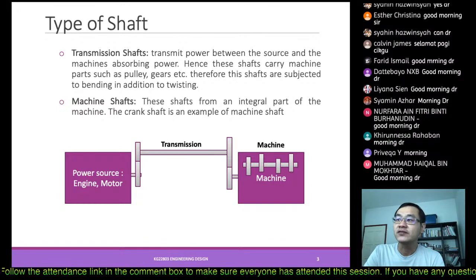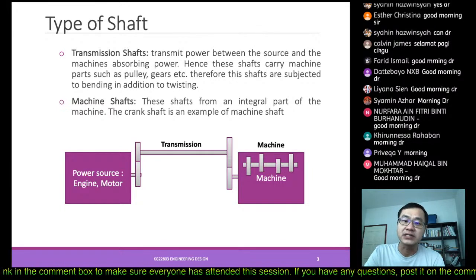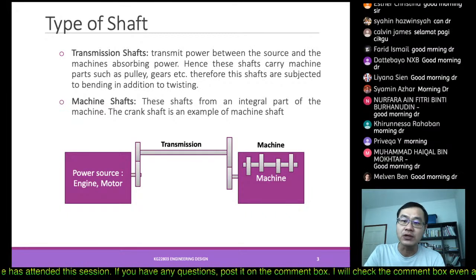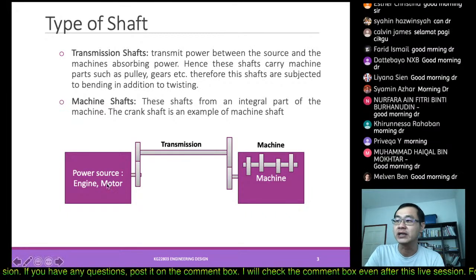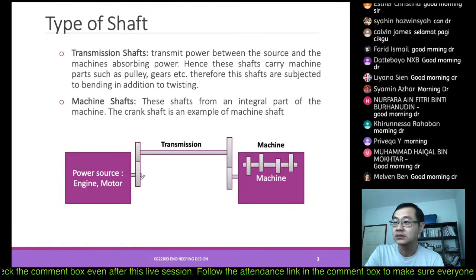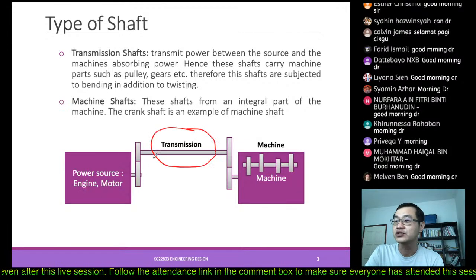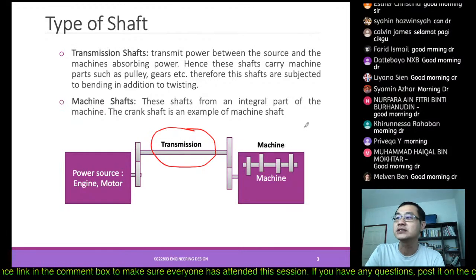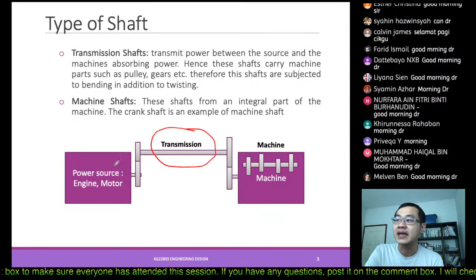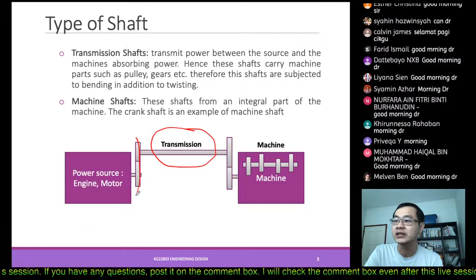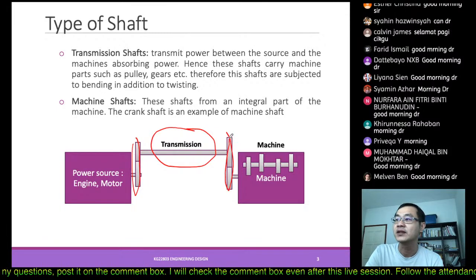The transmission shaft basically transmits power from the energy source or power source to the machine or to the other side. Therefore it may carry machine parts like a pulley, a pair of gears, and other things.